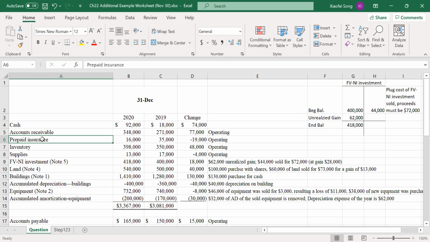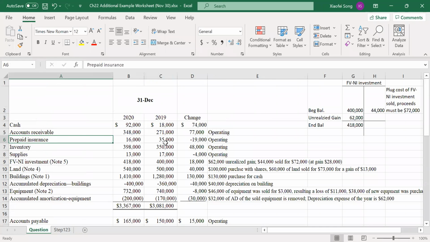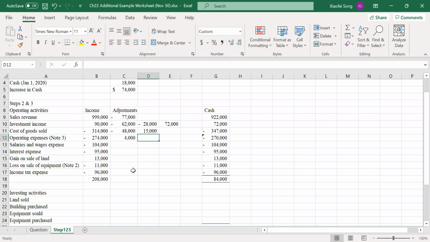We should have removed those two. One is the decrease in supplies, that's 4,000. A decrease in an asset is added, so that's supplies. And then we had prepaid expense decreased, so the decrease of that is added.